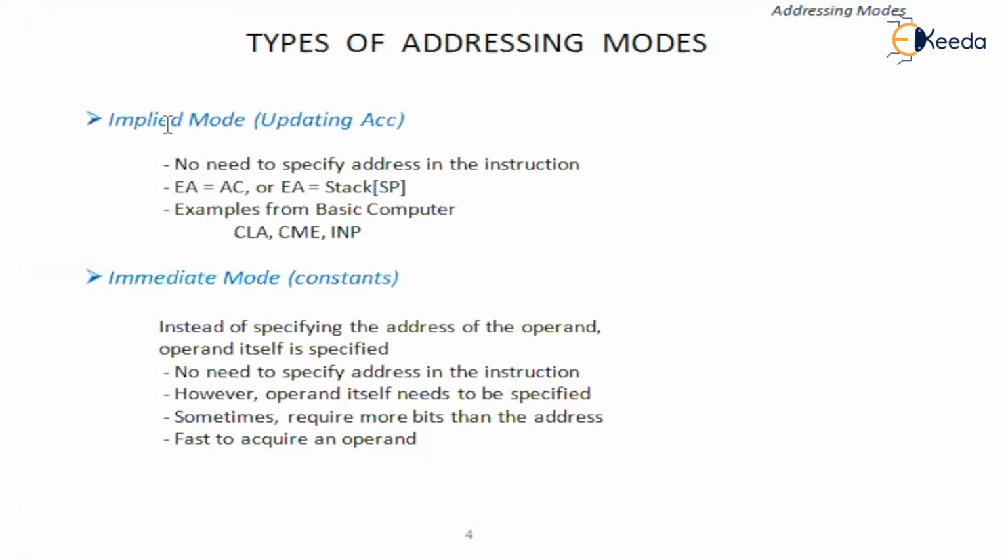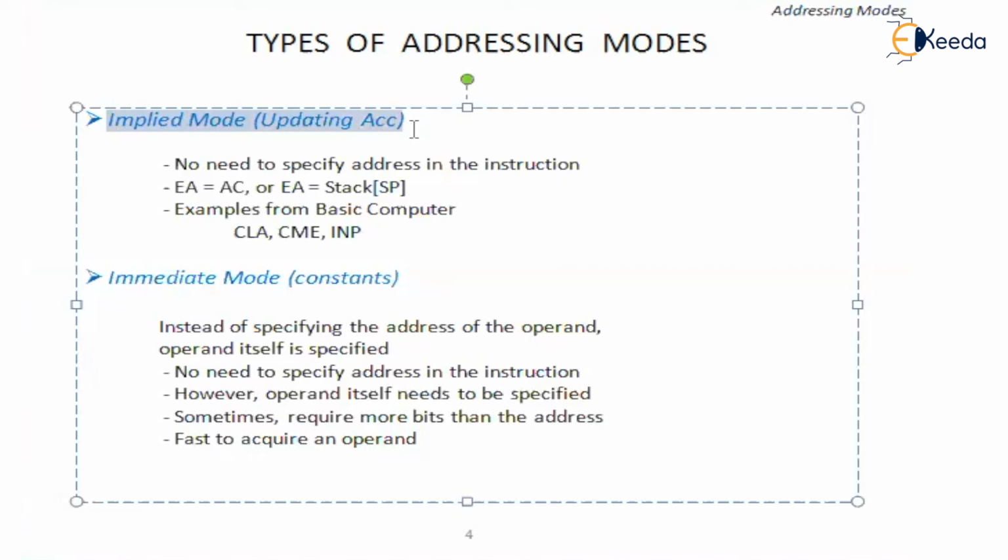CIL, left shift will be performed on the contents of the accumulator. INC, increment the accumulator. SPA, if the accumulator is positive, skip the next instruction. SNA, if the accumulator is negative, skip the next instruction. Look at all these instructions. All these instructions will have only one operand, that is the accumulator, which is implicit to the instruction itself. That is implied mode. In an implied addressing mode, we don't have the operand explicitly specified.